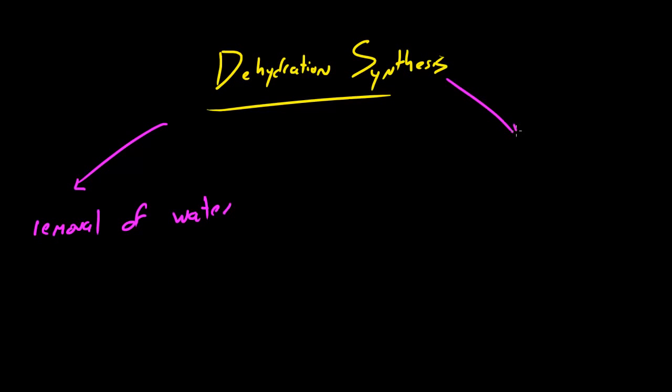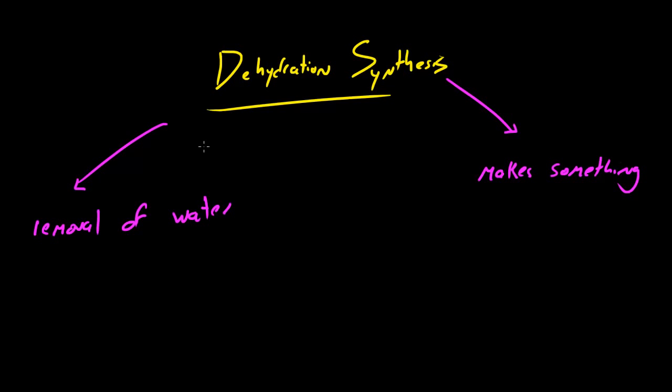In synthesis, whenever someone says they're synthesizing something, it pretty much means makes something. So pretty much if you look at dehydration synthesis, it means that when monosaccharides join together, it involves the two molecules bonding and therefore losing a water molecule.